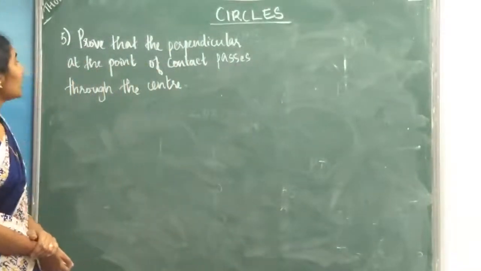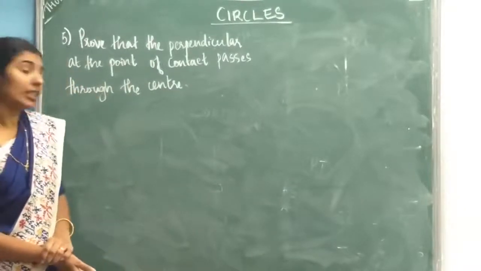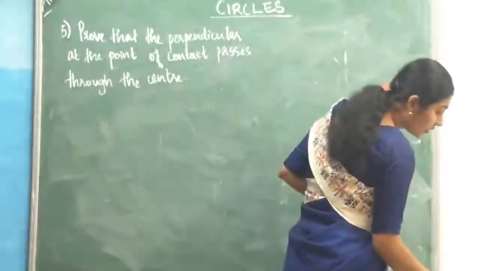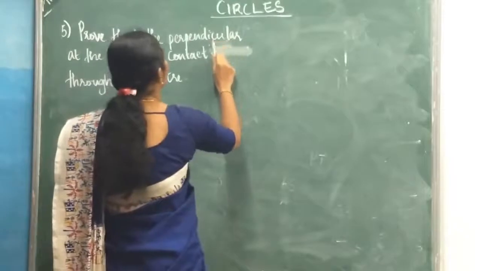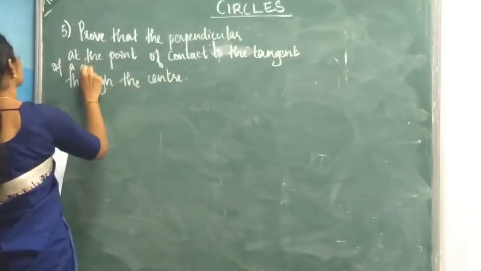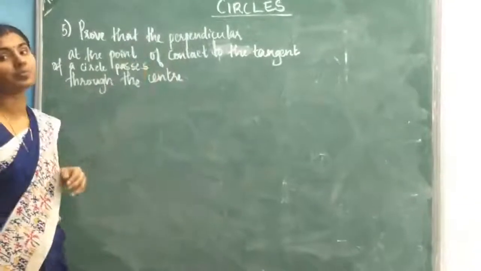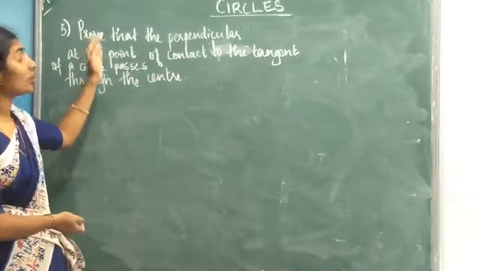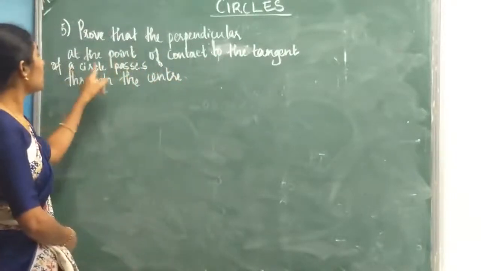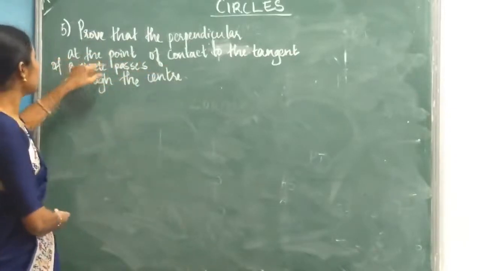Now see the next question: prove that the perpendicular at the point of contact to the tangent of a circle passes through the center.